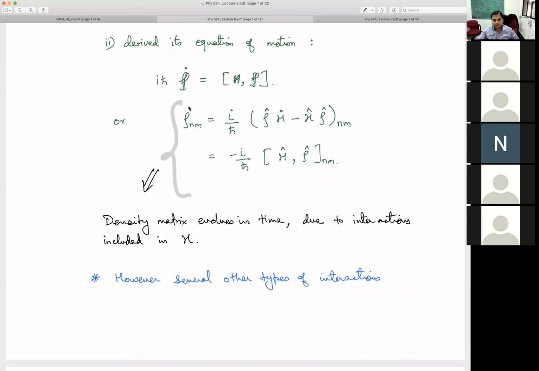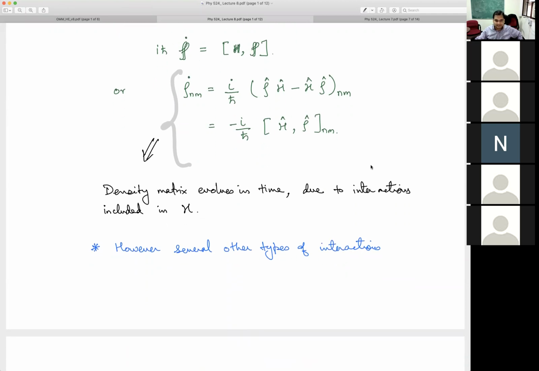So rho nm dot is given by minus i by h bar, etc. And I emphasize that here H is also in the basis of nm and rho is also written in the basis of nm. We specifically discussed that it is a matrix product, so a commutator in the sense of matrix product: H rho minus rho H, and the nm element of that resulting matrix.